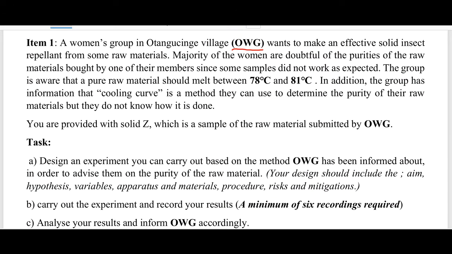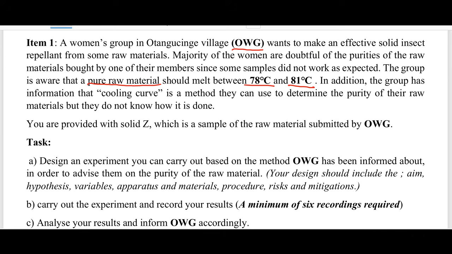The majority of the women are doubtful of the purity of the raw materials bought by one of their members, since some samples did not work as expected. The group is aware that a pure raw material should melt between 78 degrees Celsius and 81 degrees Celsius.